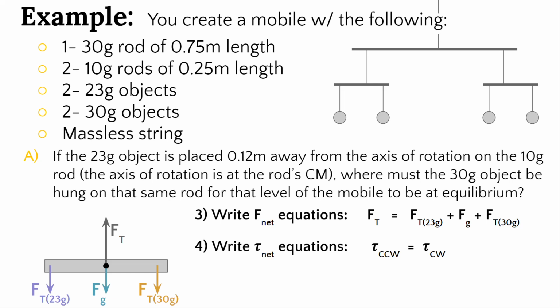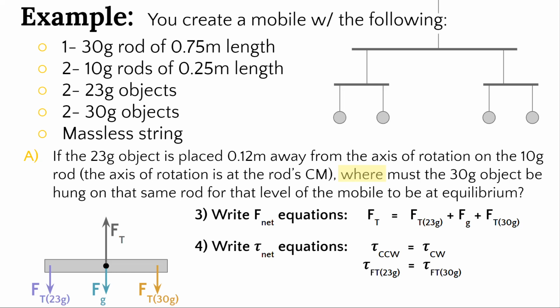Ft for the 23-gram object, which points down on this side, if you can imagine this whole rod rotating about this point, would cause a rotation in a counterclockwise direction. Whereas Ft of the 30-gram object on this side would cause a rotation in a clockwise direction. So we set those torques equal to each other. The torque due to the force of the 23-gram object is equal to the torque due to the force of the 30-gram object.